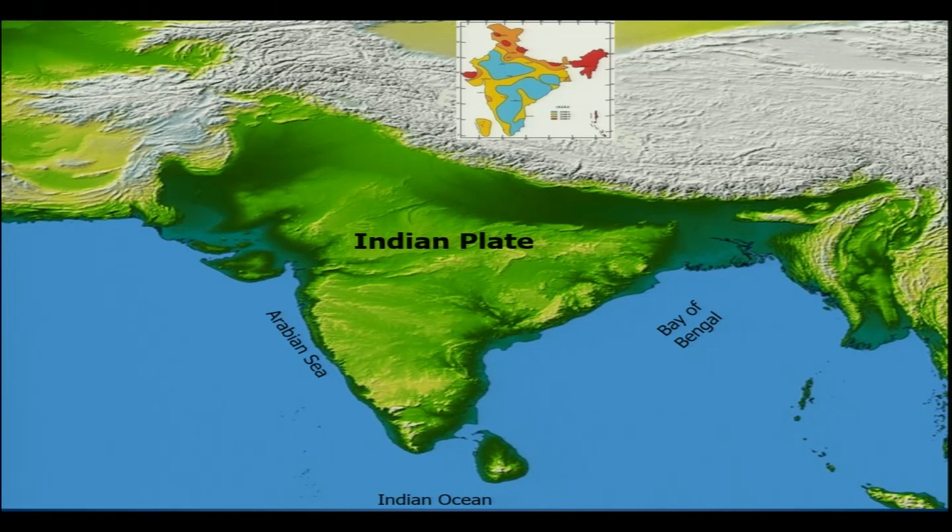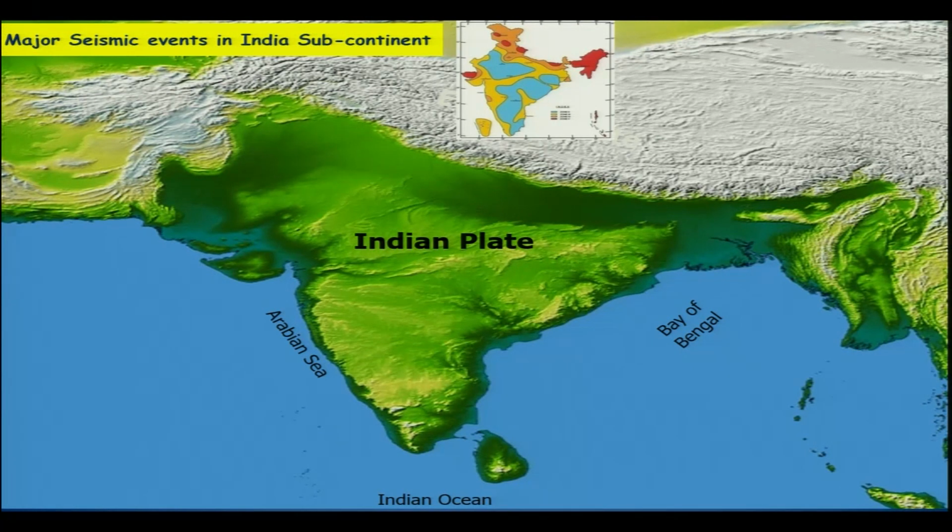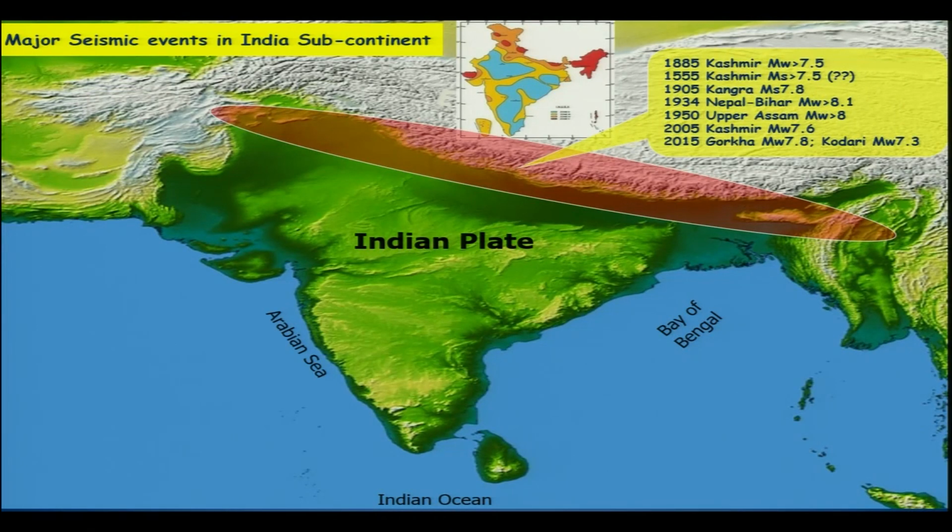subcontinent, we very well understand that the physiography of India is bounded from all sides, mostly in the northern side, the eastern portion and the western portion. We have major tectonic boundaries. So, major seismic events in the Indian subcontinent mainly: the main zone is in the northern side, which has hosted several large magnitude earthquakes above 7.5.